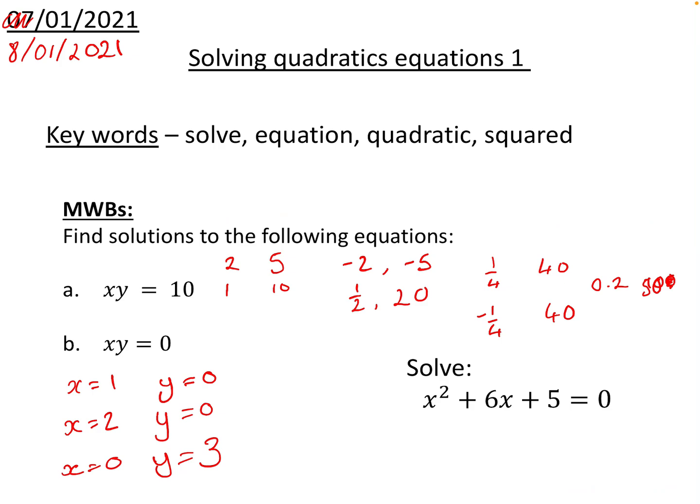But if I can express this as a product of factors, which is what this is over here, a product of 2 numbers, a product of factors of 10, if I can factorize it and set it equal to 0, as long as either this bracket here equals 0 or this bracket here equals 0, that will give me solutions where this whole thing is equal to 0. So if I can factorize it, and if one of those factors is equal to 0, then that will give me a solution to the equation. I'm going to show you what I mean on the next slide.